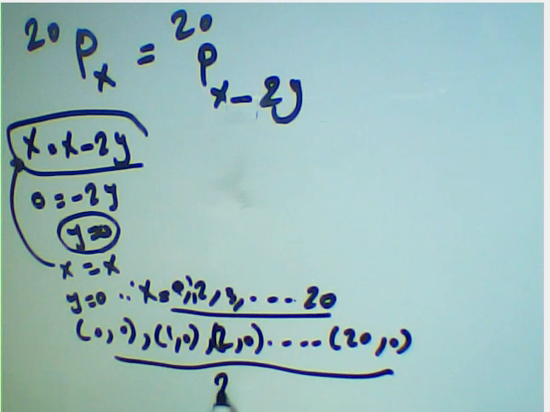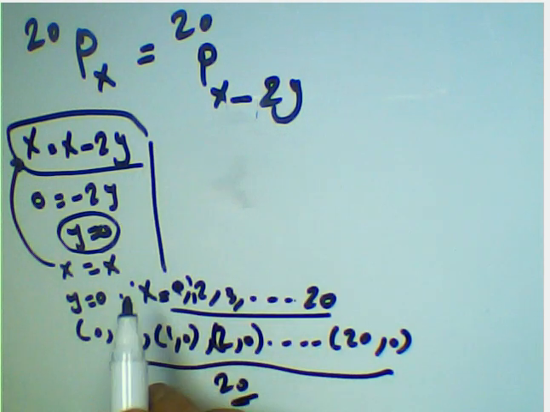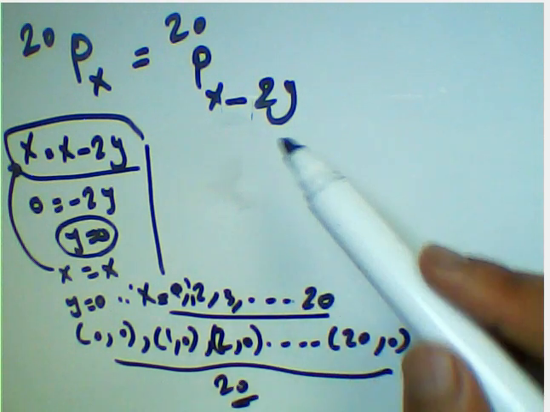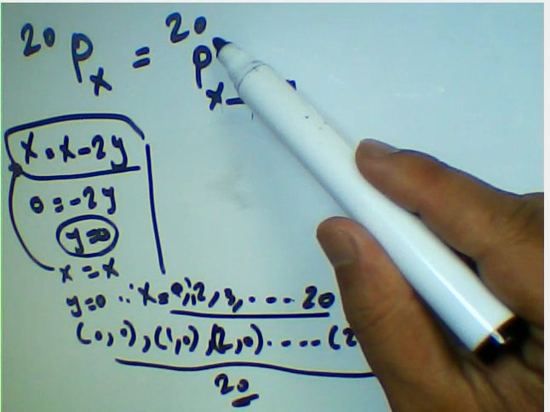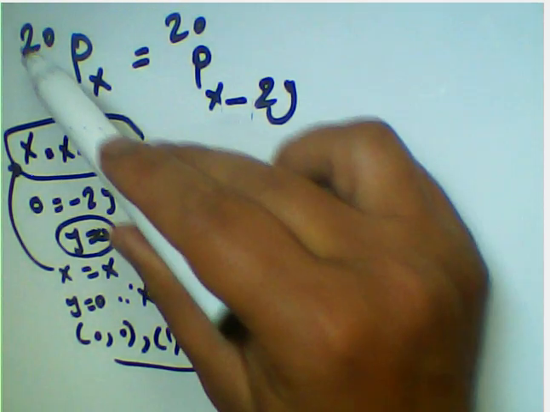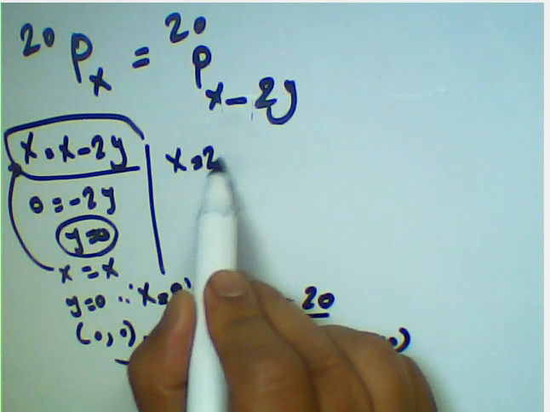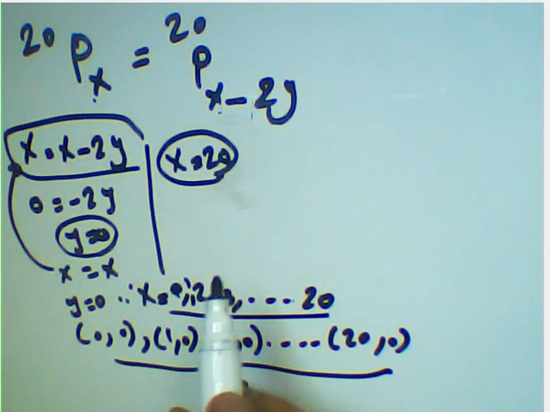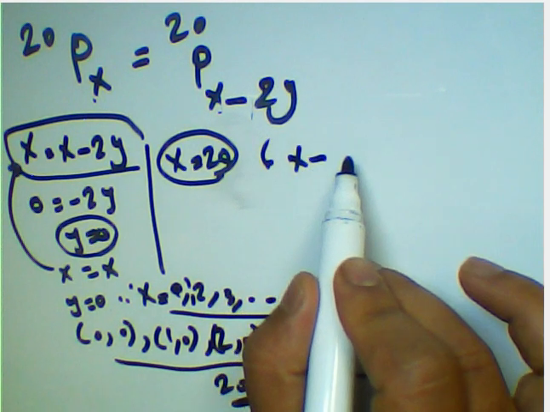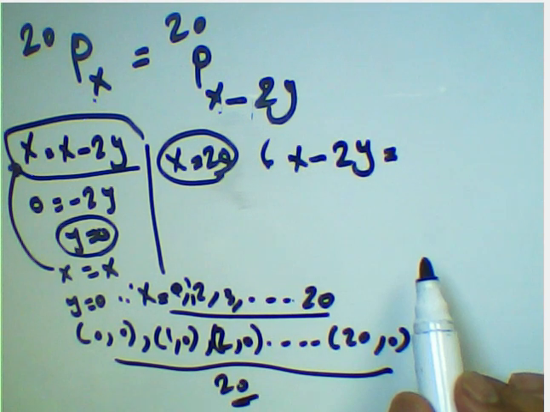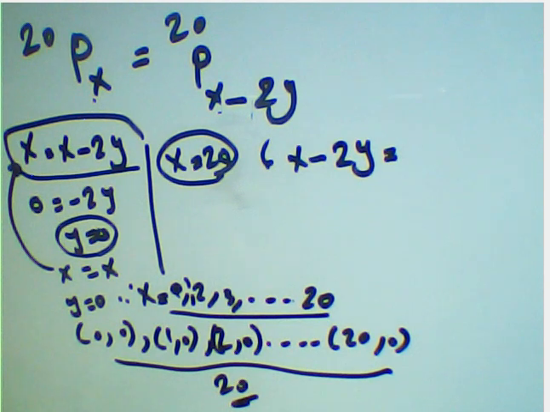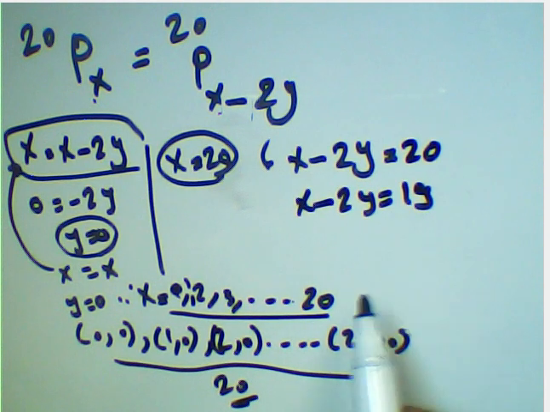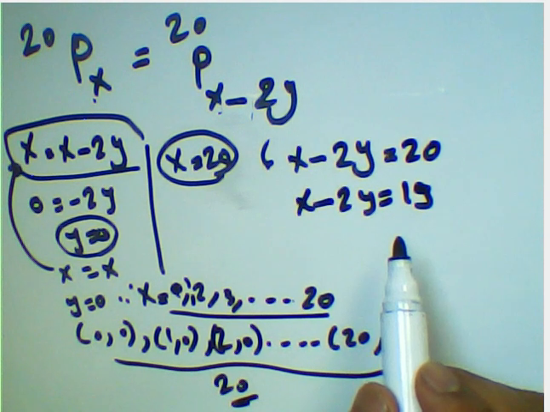We have 20 solutions here. It's the first solution. Second solution here, we can write what? We can write 20 here. X will be what? X will be 20. Second example, x will be equal 20, and x minus 2y will be 19. Understood?